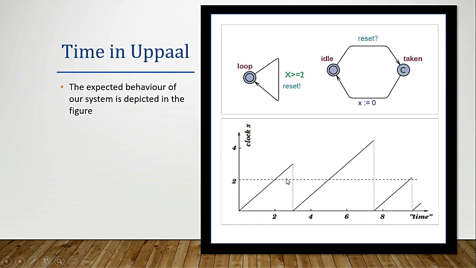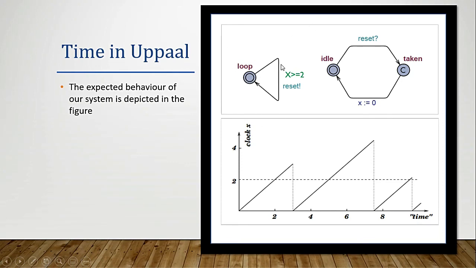Here the system allows the clock to go over 2. Sometimes it goes to maybe around 3, sometimes 4, but it will not be less than 2. Later we will see whether this is true. This is our expectation based on our understanding of the time.